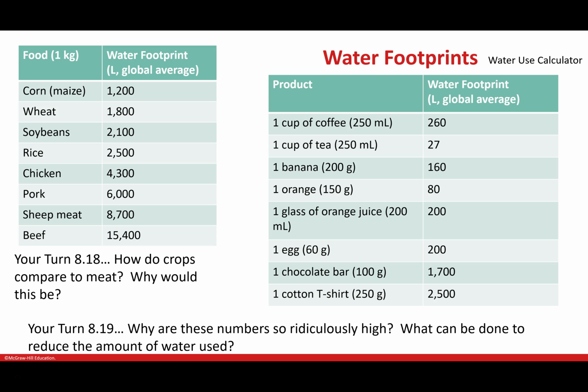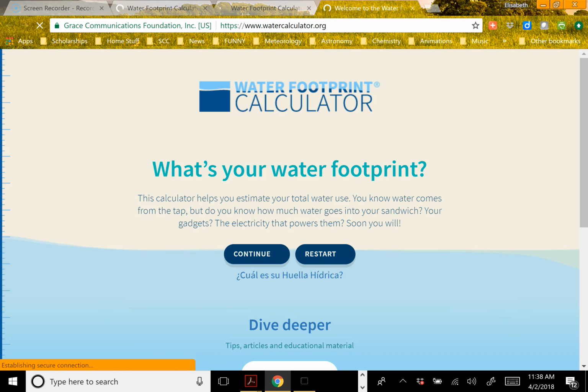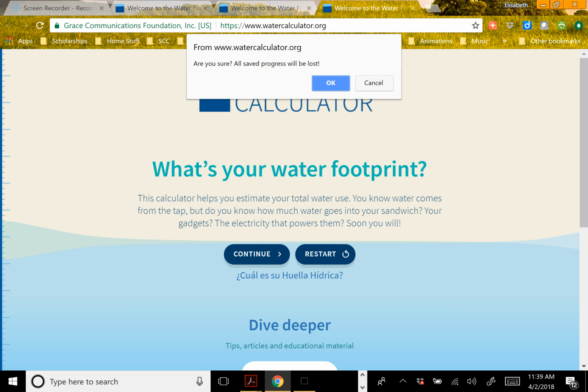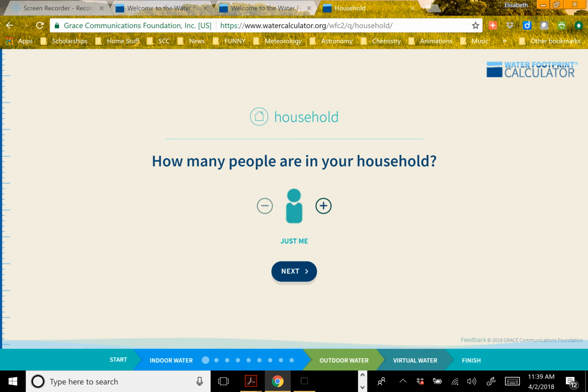So here's that link, the water use calculator. I won't take you through it, but it makes you think, because they ask you, do you have low flow toilets or even your dishwasher? I'm like, well, do you use more or less water when you run a dishwasher?